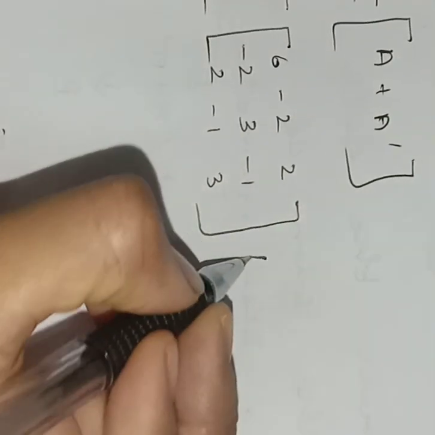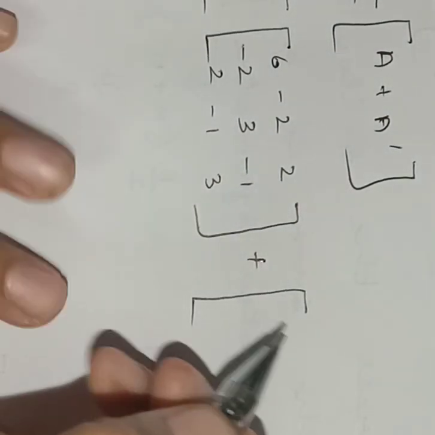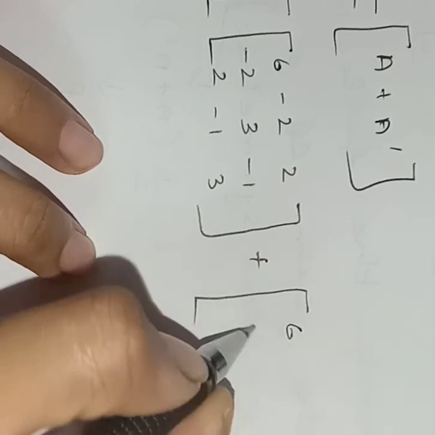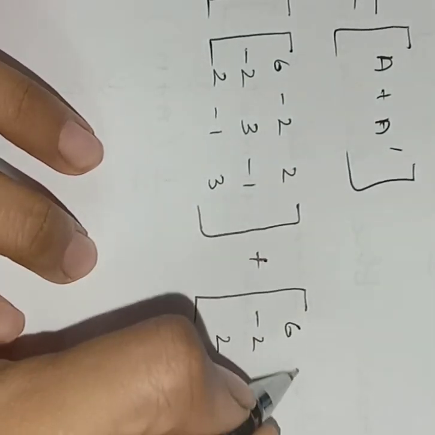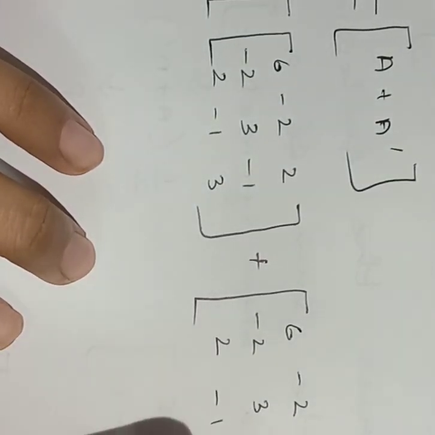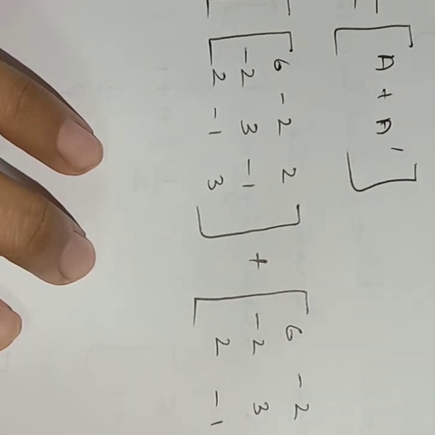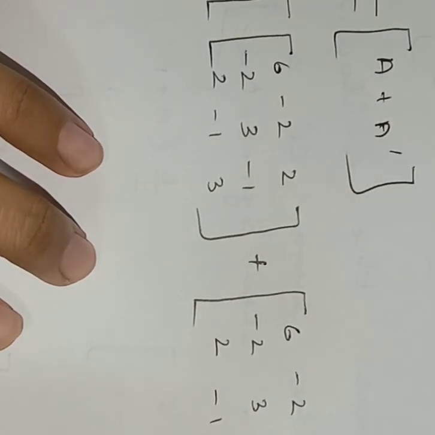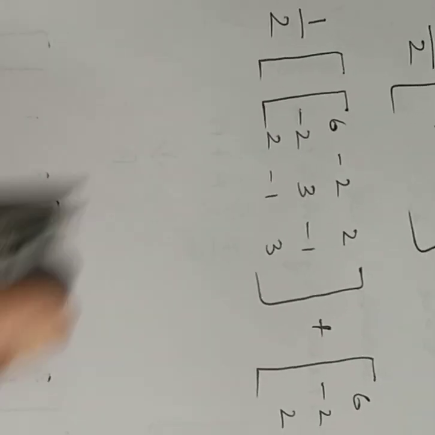This is your A, and what is A dash? 6, minus 2, 2, minus 2, 3, minus 1, 2, minus 1, 3. This is your A dash.